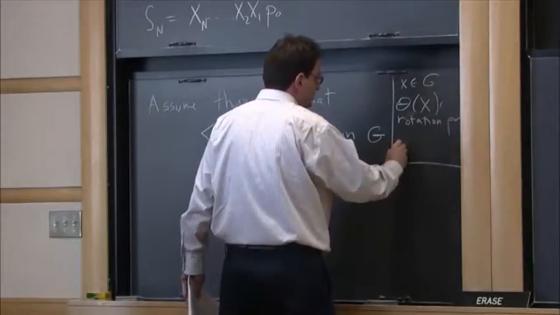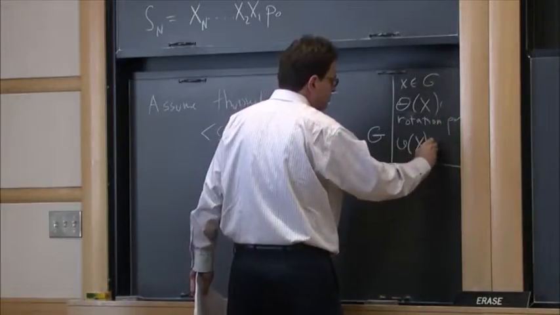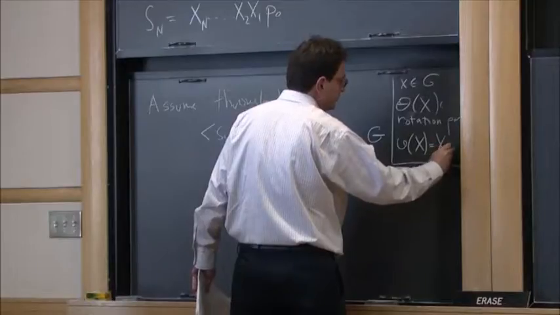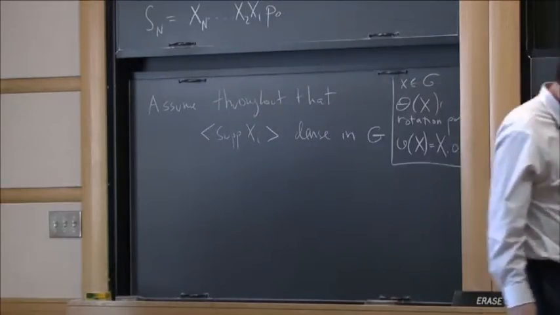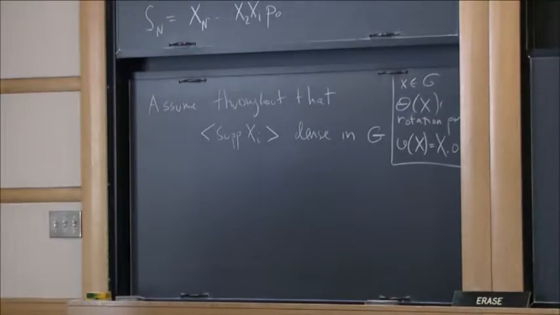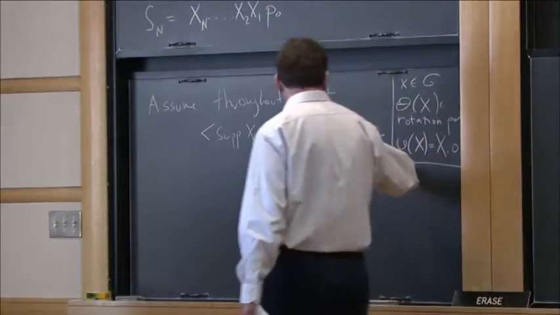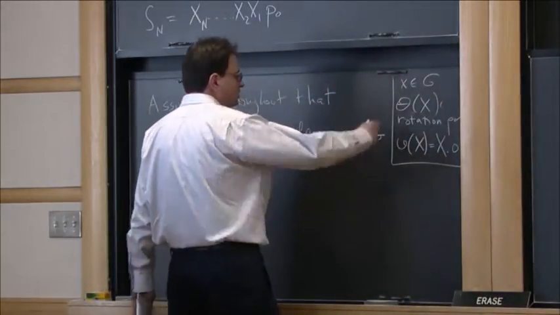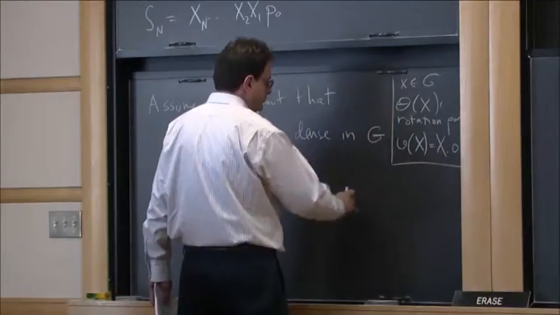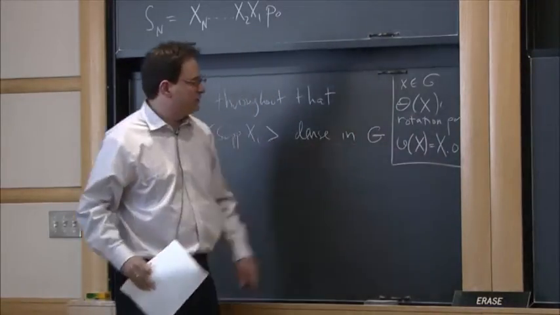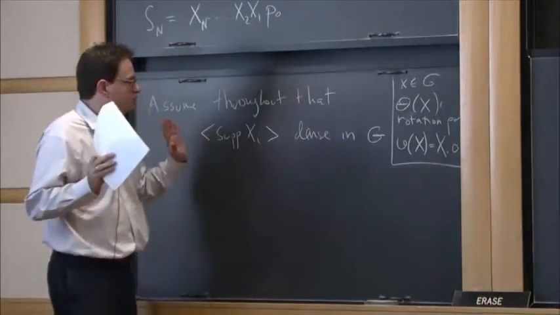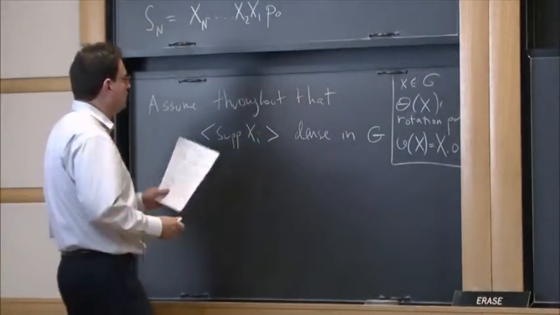And less canonical, I'm going to take the translation part, which is just by definition what my isometry does to the vector 0. So my isometry basically is defined by little x goes to theta of little x plus little v. So that's the notation that I would use throughout.